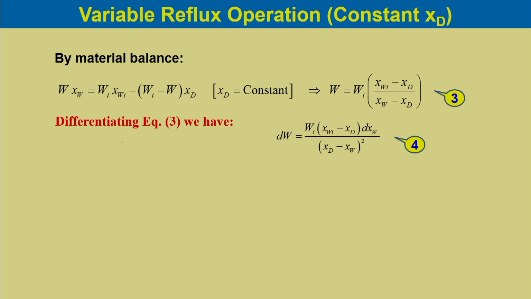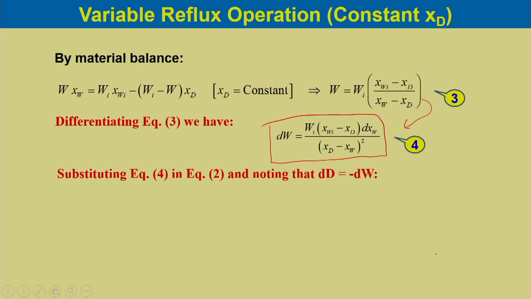Now, if we differentiate this equation 3, we would obtain dW would be equal to Wi (xWi minus xD) divided by (xD minus xW) square into dxW. So, this is the differential equation of equation 3. This is equation 4, and if we substitute equation 4 in equation 2, dD would be equal to minus dW.